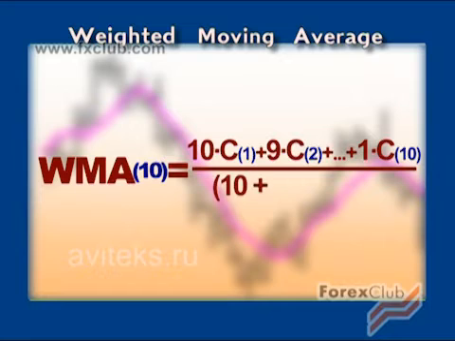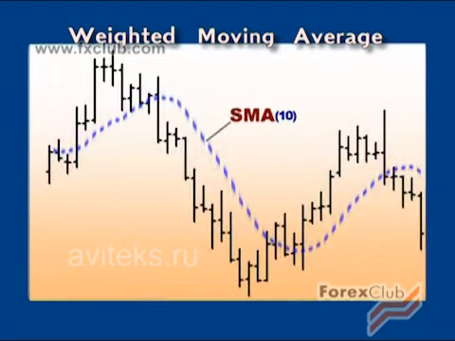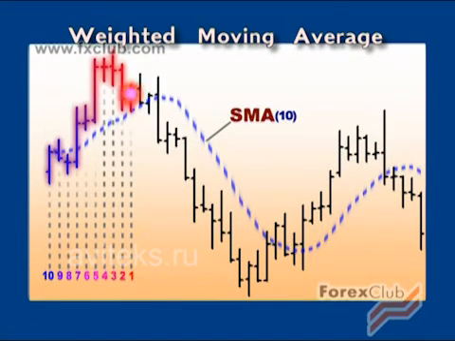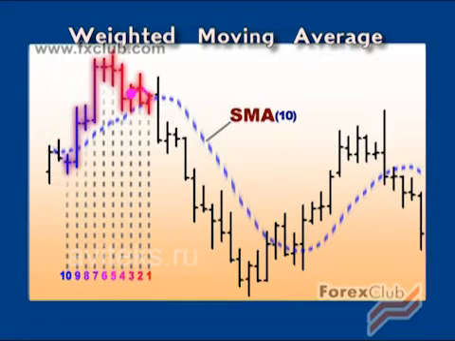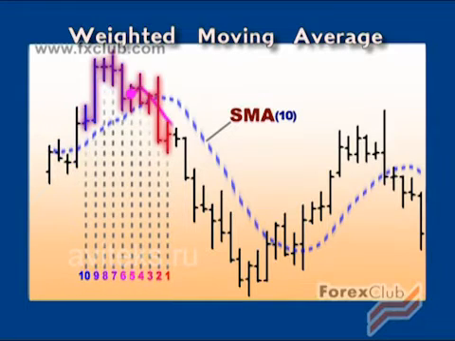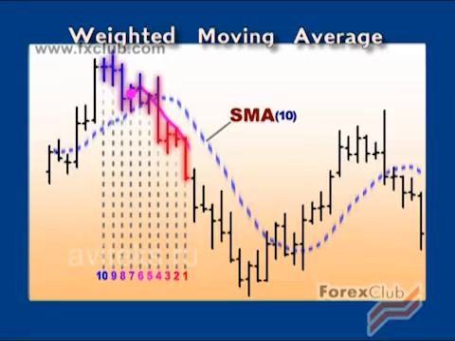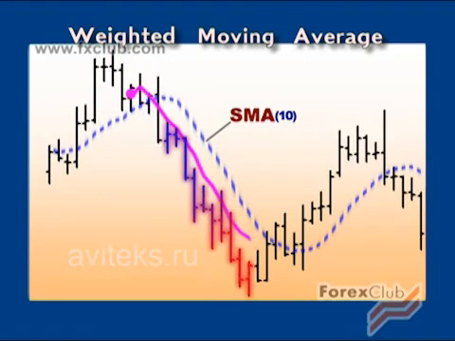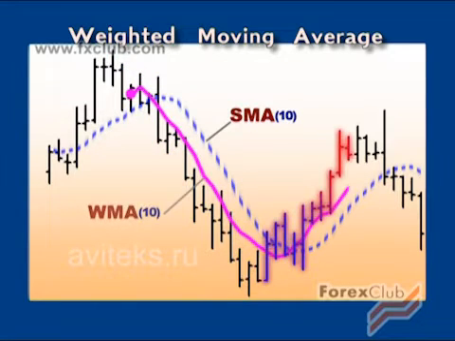We add the finishing touches to this formula by dividing it by the sum of weighting factors. That's it. Now let's see what the formula generates. It's definitely different. Please note that this new moving average has the same number of time periods, 10, but it's faster and more sensitive to fluctuations in price.